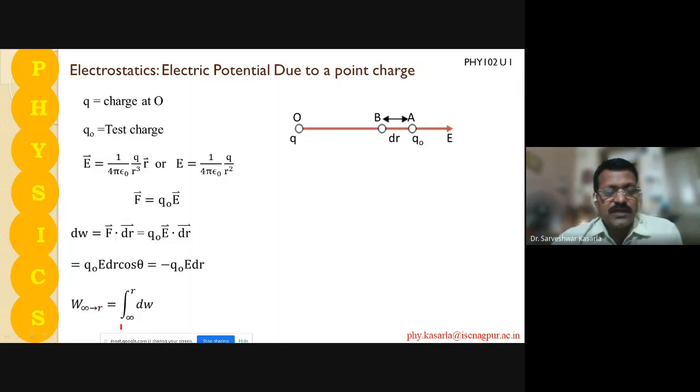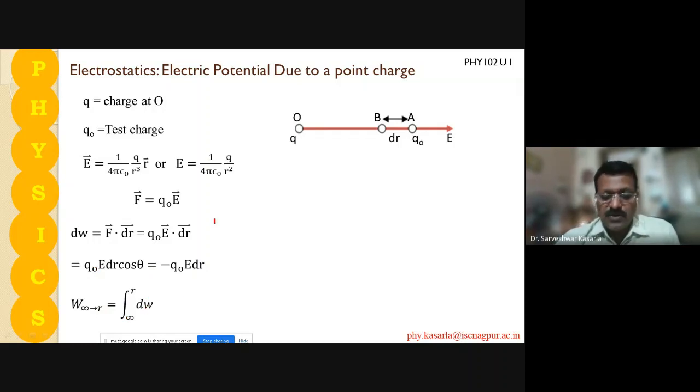It will be equal to the integration of dw. There is a small work done we have calculated in moving from A to B. So if you want to calculate the work done in moving from infinity to that particular distance r, it will be the integration of this term.